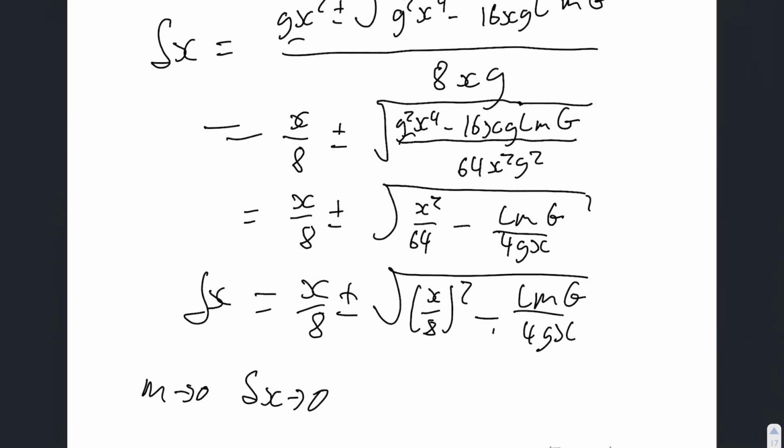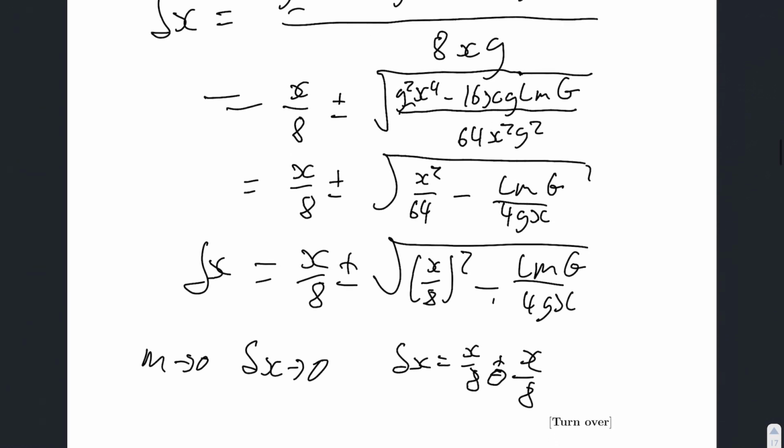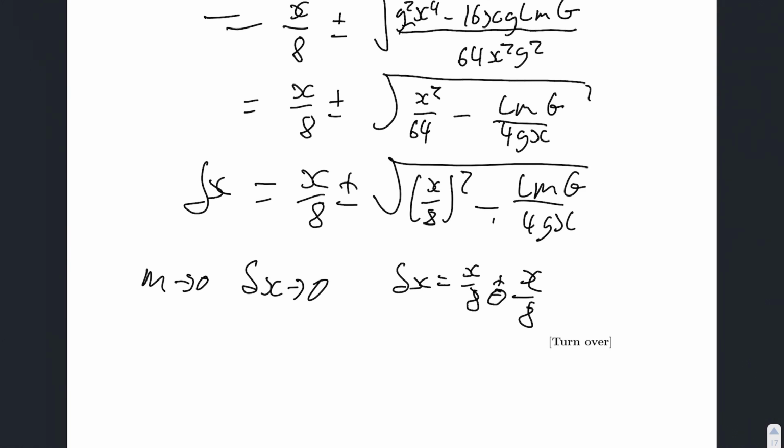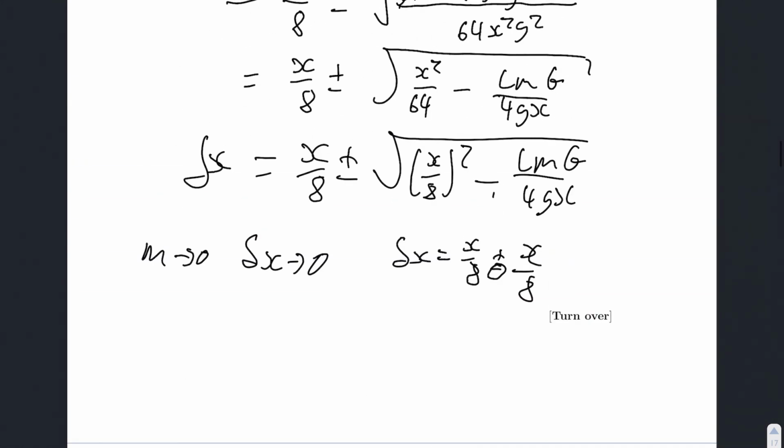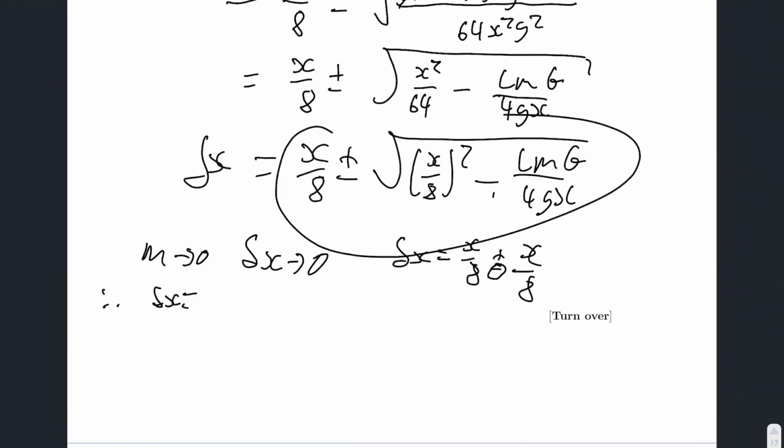So what satisfies that? Well, if m equals 0 here, we have delta x equals x over 8 plus or minus x over 8. So the only way for this to be 0 is if we choose the negative solution. So that's why it's a negative.